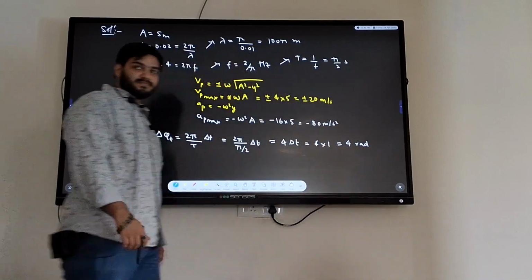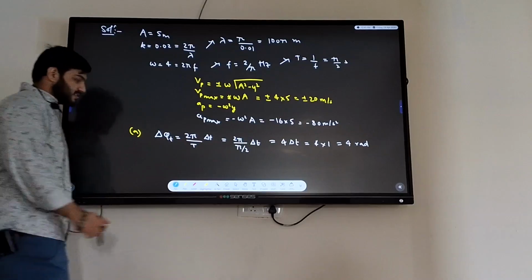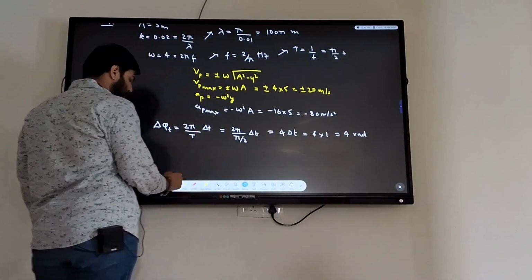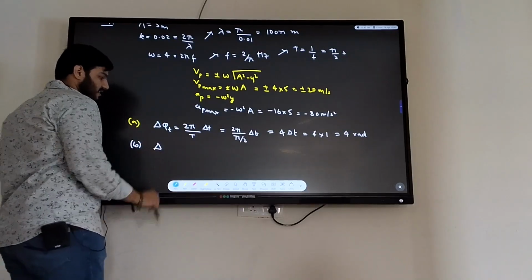Next one 0.2 radian, 1 by 5. ये जो 0.2 नहीं है, ऐसे 0.02 होना चाहिए. B करते हैं.